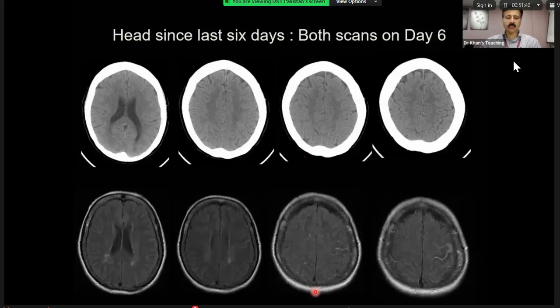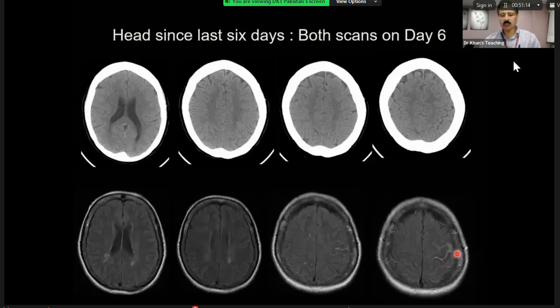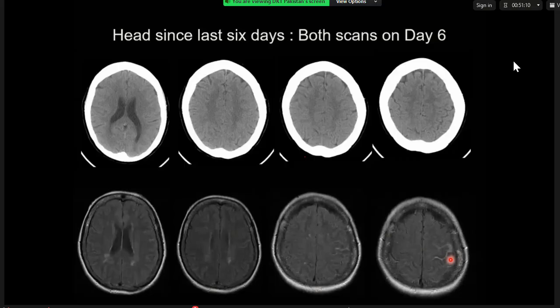So how will you tackle this case? Let me warn you that the scenario is slightly atypical, but this film is an exam film. You have to understand, once you pick up this finding, what can be the causes. Indirectly, I'm asking, if you pick up high signal within the sulci on a FLAIR, what can be the causes?